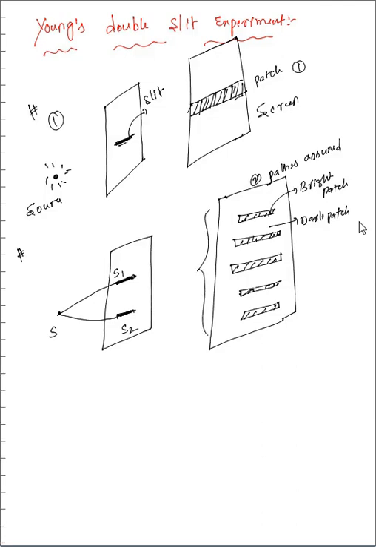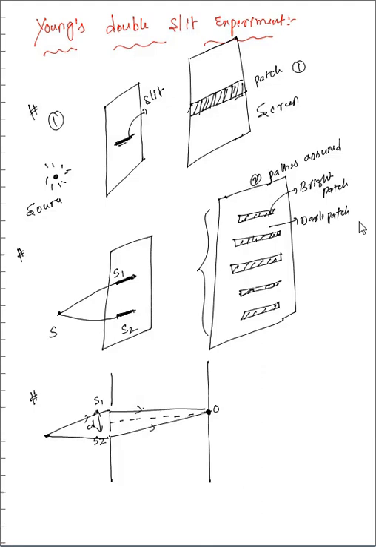So how to get the maximum? For example, I'm taking slits like this. These are my slits and this is my screen. The slits are S1 and S2. The distance between the slits I'm taking as d, and from the center of the slits to this point is O. Maximum will happen at O. The light rays passing through S1 and S2 will be incident on O. S1O is almost equal to S2O.